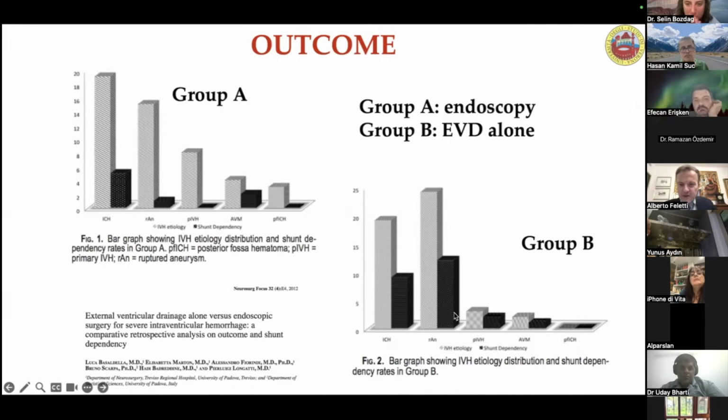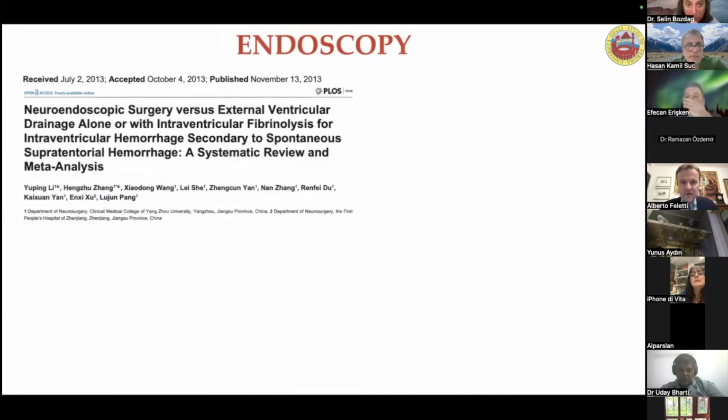These were patients with a ruptured aneurysm and so on. Group A includes the patients we treated with direct aspiration of blood clots with endoscopes. The black bars show the percentage of patients requiring a VP shunt. And as you can see, there was a statistically significant reduction in VP shunt rates with patients operated with endoscopic aspiration and not EVD alone.